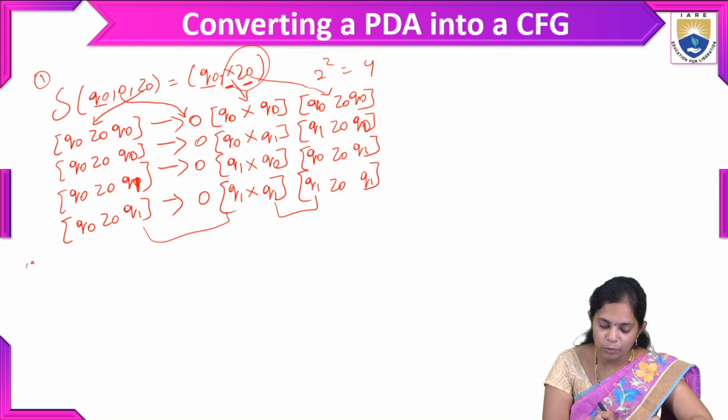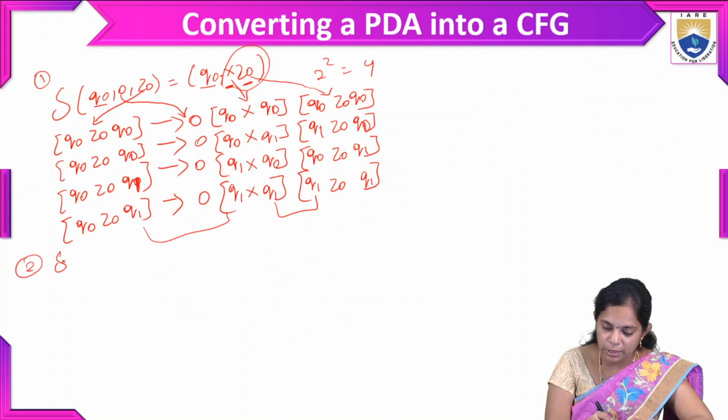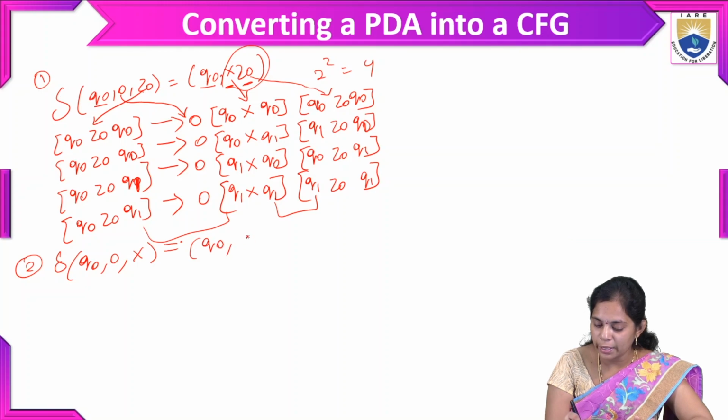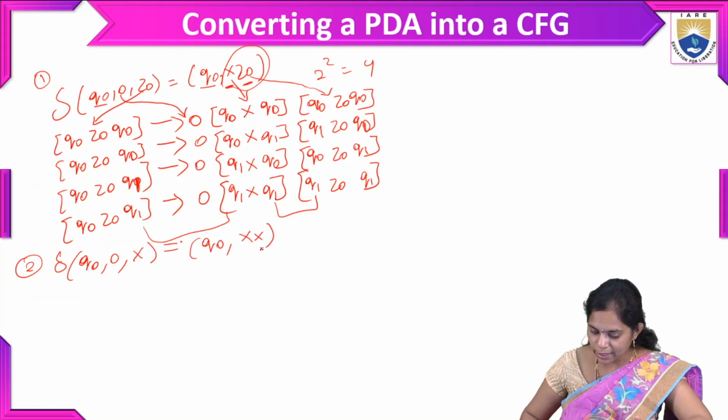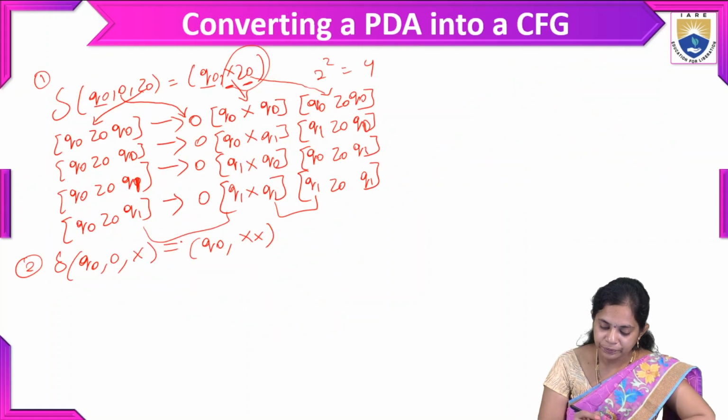Let's take one more equation. Input 0 and top of the stack symbol X. Delta of Q0 comma 0, input symbol, top of the stack symbol is X, is equal to Q0 with XX. What it indicates is that it is pushing the value of X onto the stack. Here also we need to design 4 things, with the input value 0.